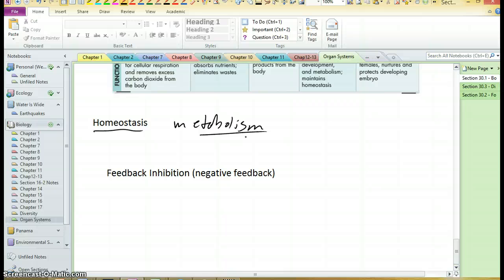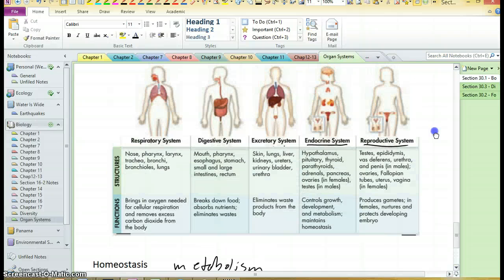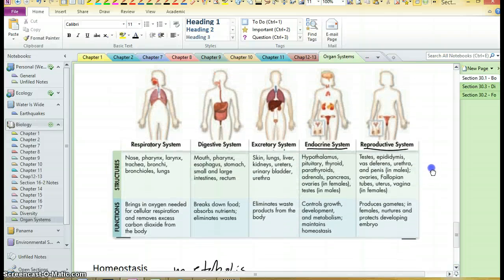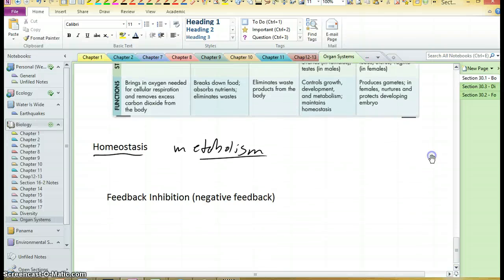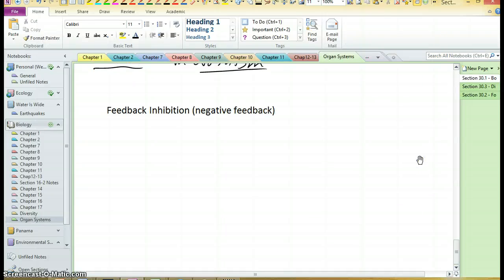And you use your metabolism to maintain homeostasis, and you may recall that homeostasis is when you maintain sort of constant conditions in your body, whether it's your temperature or your blood sugar levels or the pH of your blood. Many of these systems, like your endocrine system, for example, or your excretory system, are very important in maintaining homeostasis.